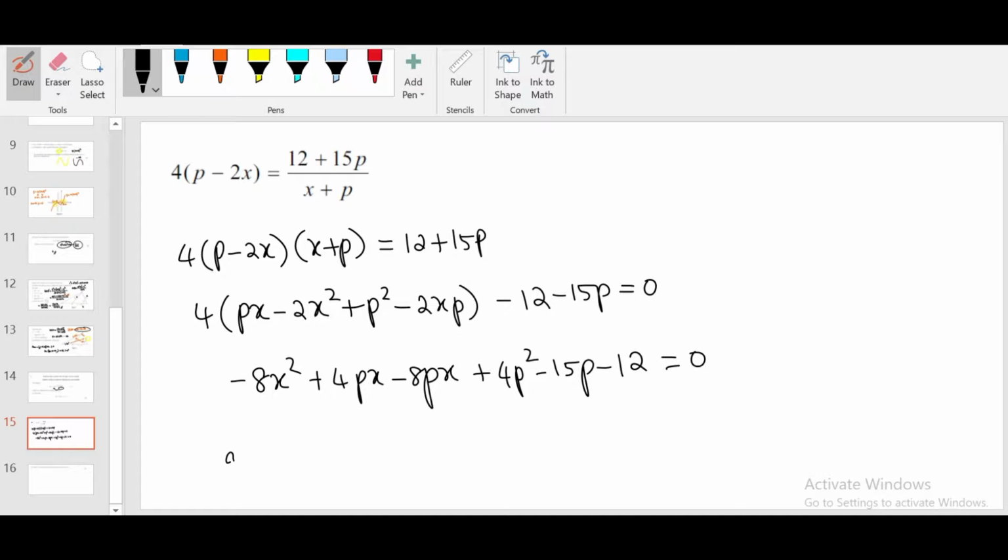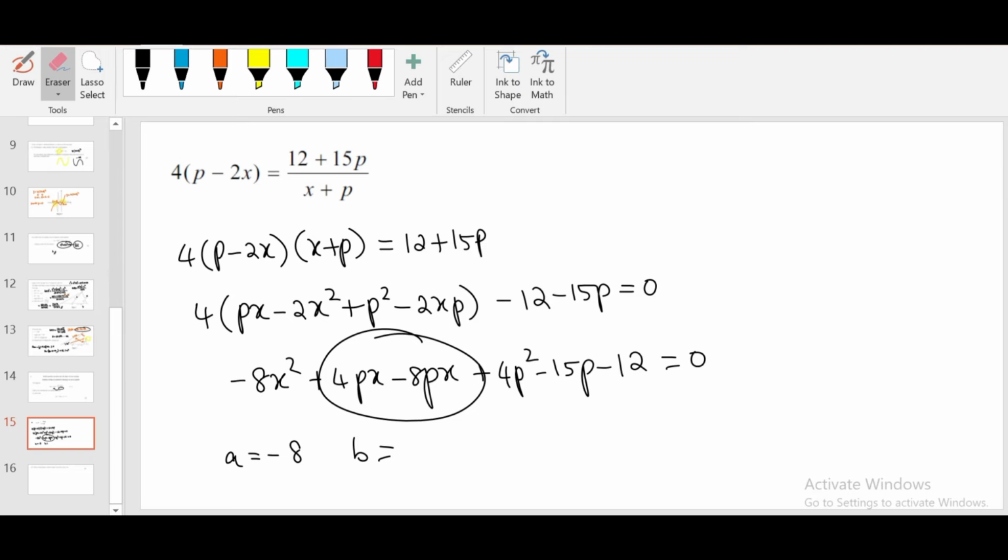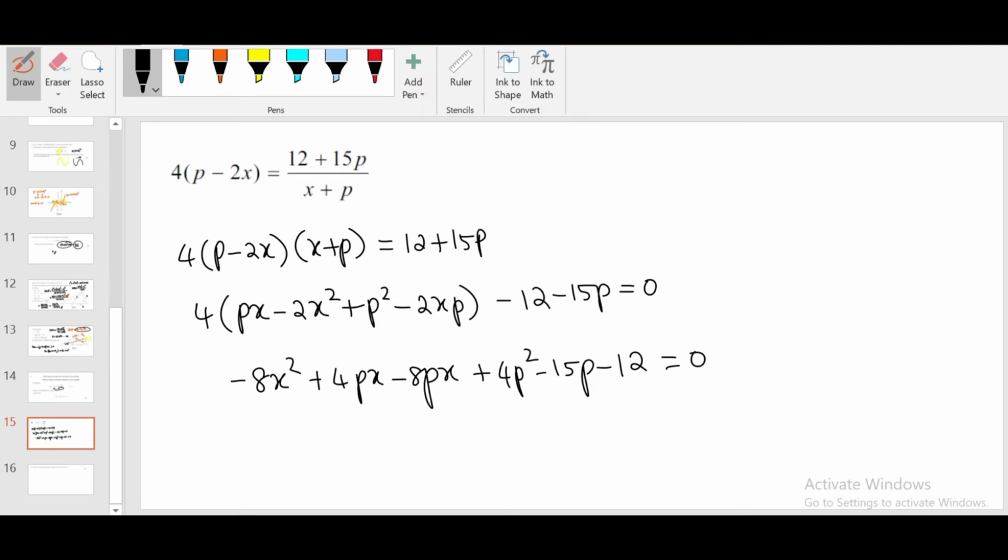So basically a is negative 8, b is the coefficient of x. When you simplify this, we'll write one more step here. Minus 8x square, 4 minus 8 is minus 4px, plus 4p square minus 15p minus 12 is equal to 0.